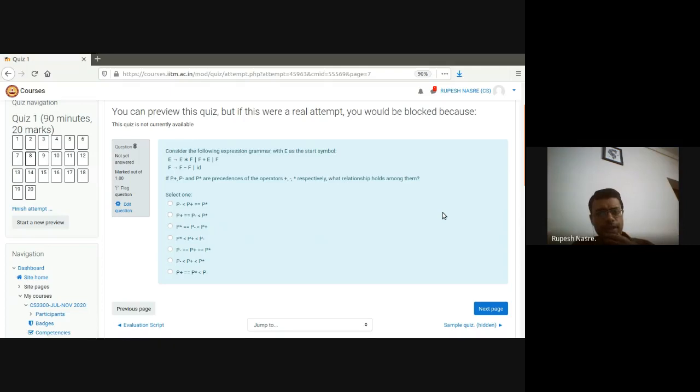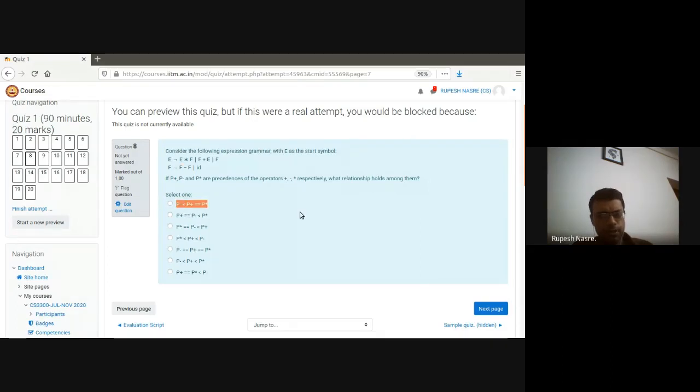This was again relatively easy. E as the start symbol. So here star and plus have the same priority, just that their associativity is different, but minus has the higher precedence, right? So I think this answer should be the one.